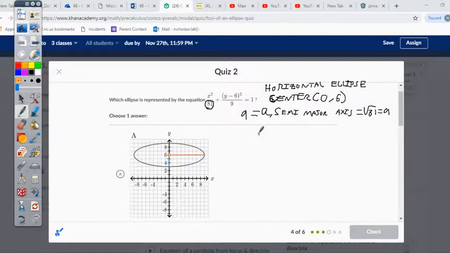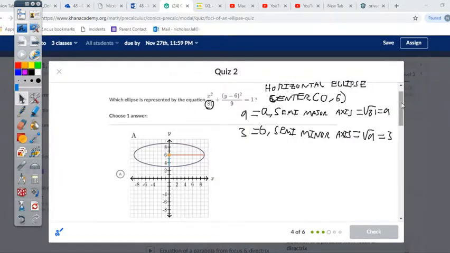And b, the semi-minor axis, is equal to the square root of 9, which is equal to 3. So b is equal to 3. So we have a horizontal ellipse, a center at (0, 6), a semi-major axis with a length of 9, and a semi-minor axis with a length of 3.